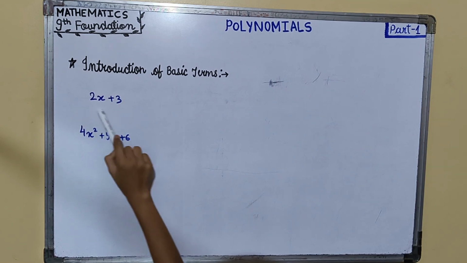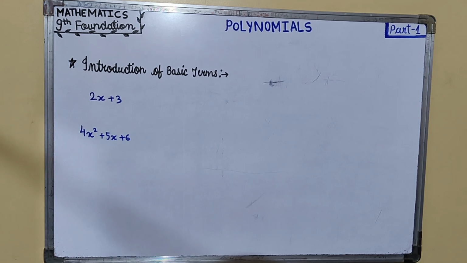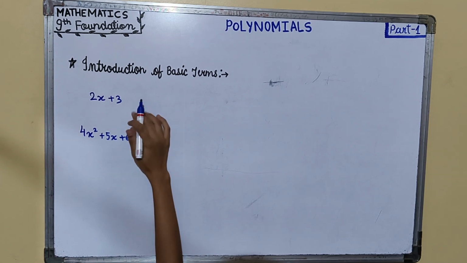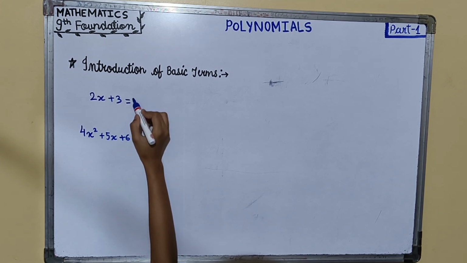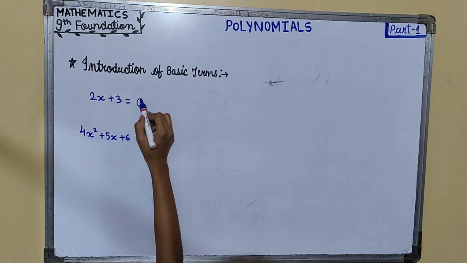So only this is the expression. But in an equation, two expressions are separated by an equal to sign. So now this is an expression, but if we have to make this an equation, we will put an equal to sign.